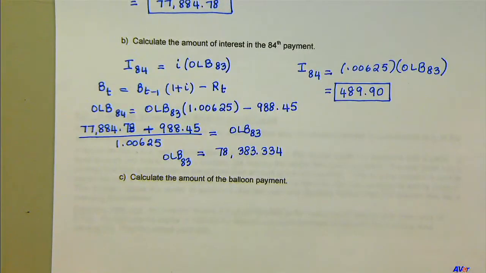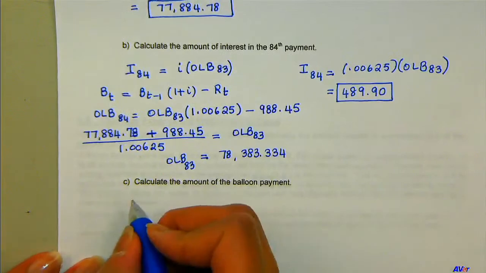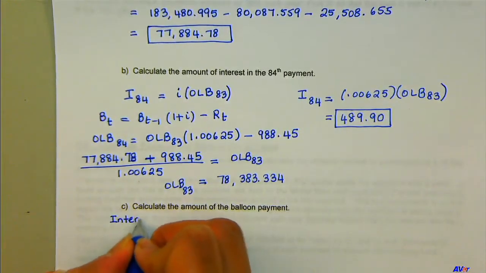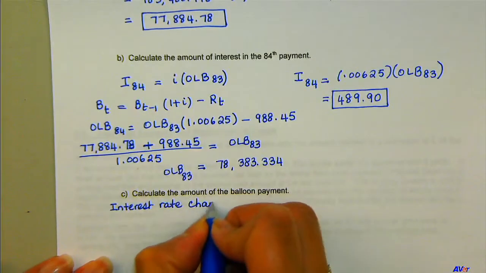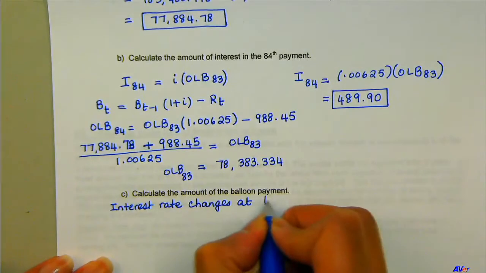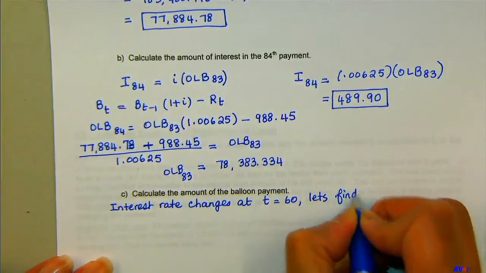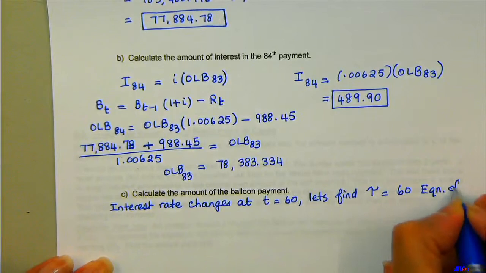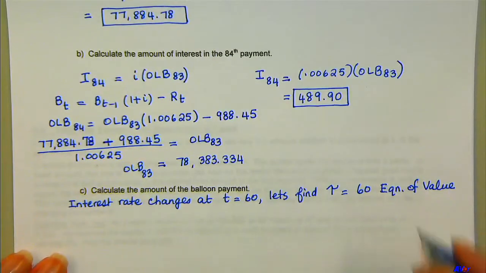Okay. The last one says calculate the amount of the balloon payment. So how about, because the interest rate changes at t equals 60, let's find the tau equals 60 equation of value. That will simplify stuff a little bit.